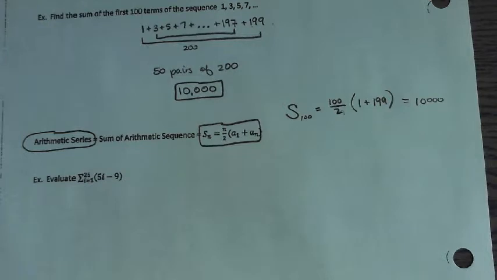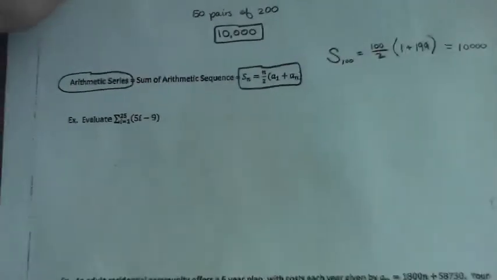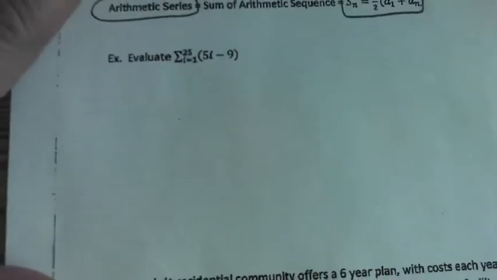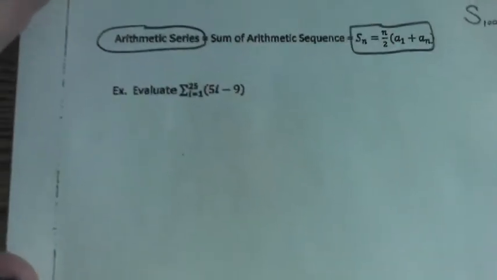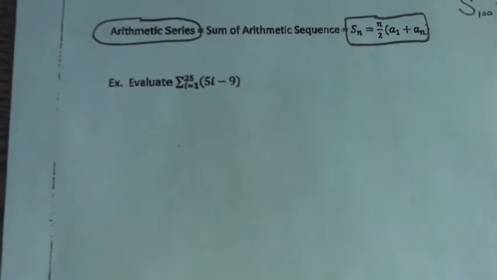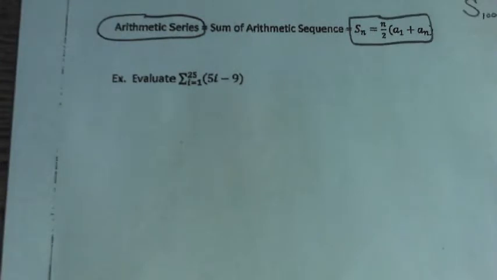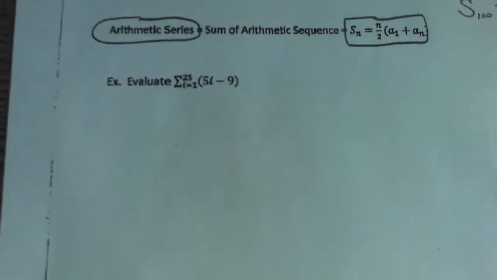Okie doke. So in the next example, because we won't have a calculator on something like this, we have to plug in 1, then plug in 2, then plug in 3, then plug in 4, and add them all together, right? If we don't know any other way. But that's legitimately what this summation notation means to do.